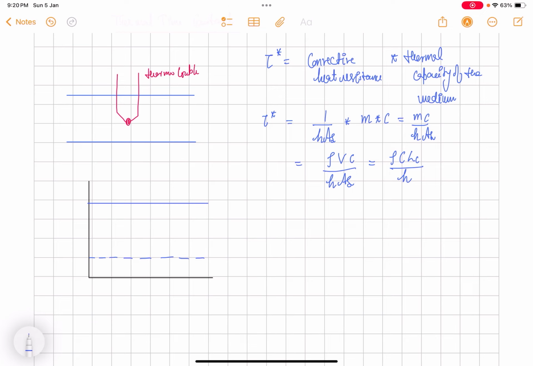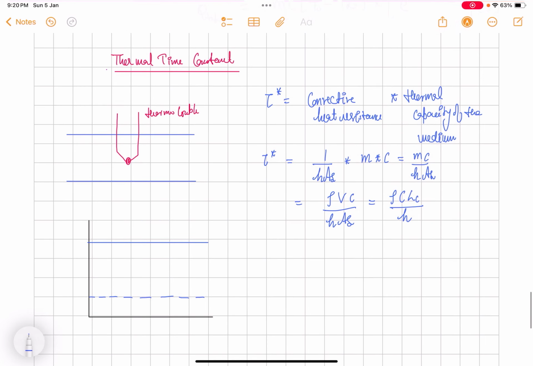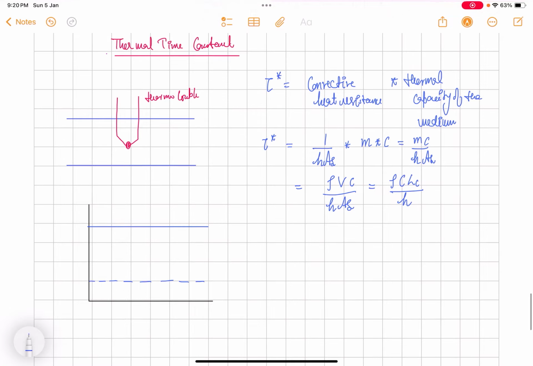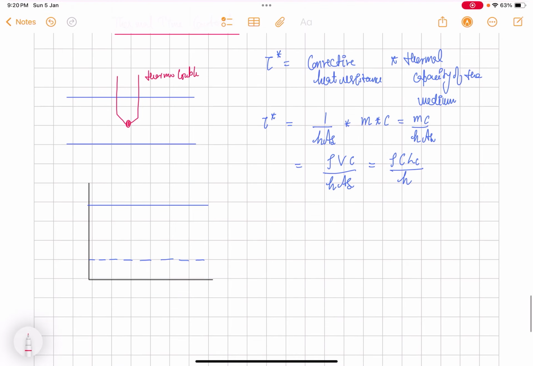So let's look at some numbers and inferences and create some more details about this thermal time constant. Suppose we have a thermocouple placed inside a pipe, and we want to measure the temperature of the flowing fluid inside the pipe. Let's say hot fluid is flowing inside the pipe.